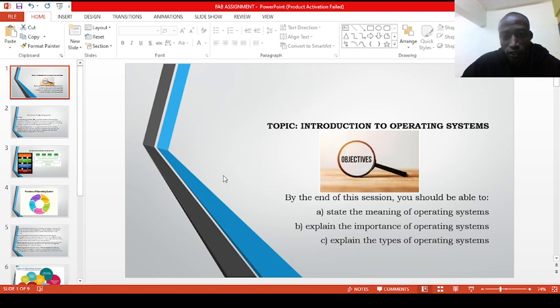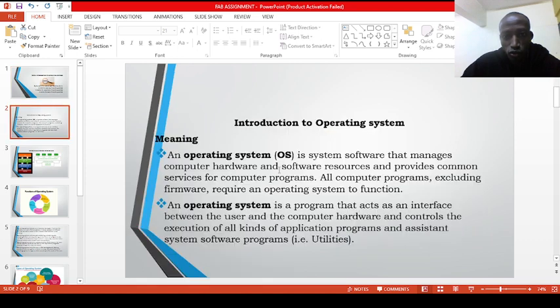And so let us go straight to our introduction. What do we mean by an operating system? By definition, an operating system is a system software that manages the computer hardware and software resources and provides common services for computer programs.